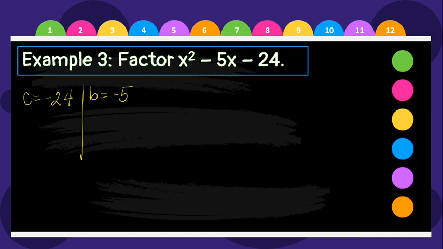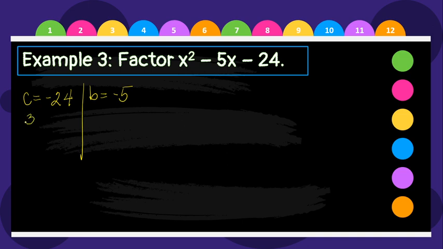So now, let's think what are the numbers that when we multiply, the answer is negative 24, and when we add, the answer is negative 5. Okay, let's take a list of some of the factors.